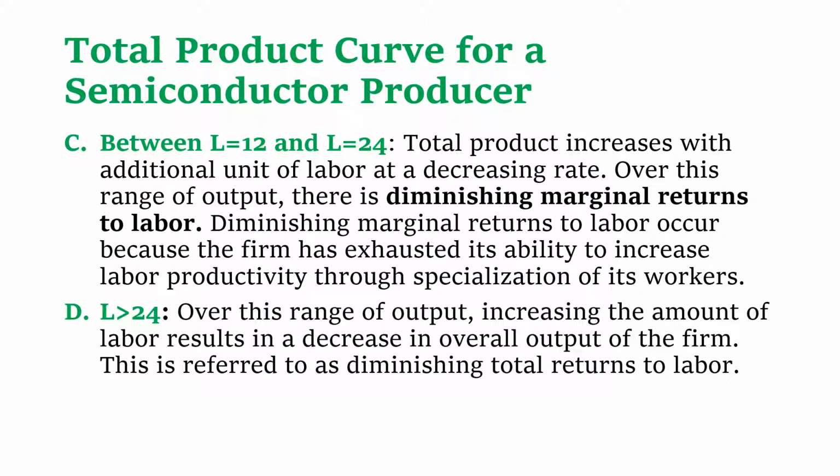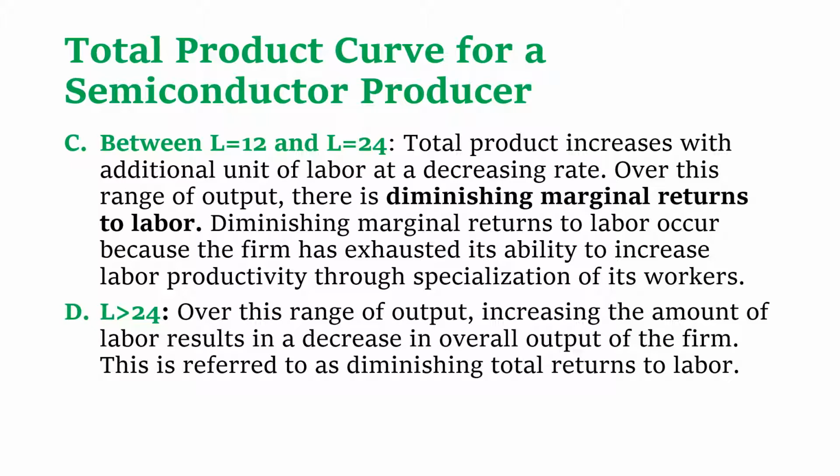Now, beyond L equals 24, you see that if you increase the amount of labor, you get a decline in overall output. So output is falling even though the farm is employing more workers, because you have a lot of employees who are idle.